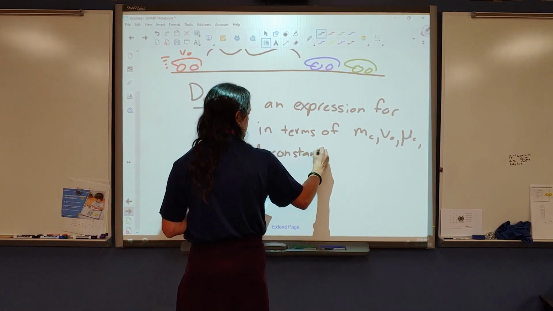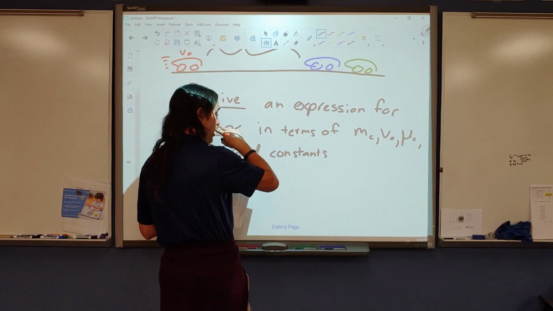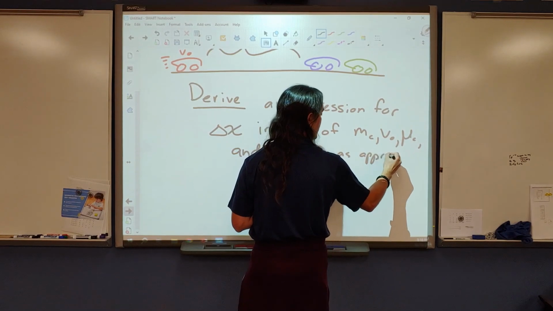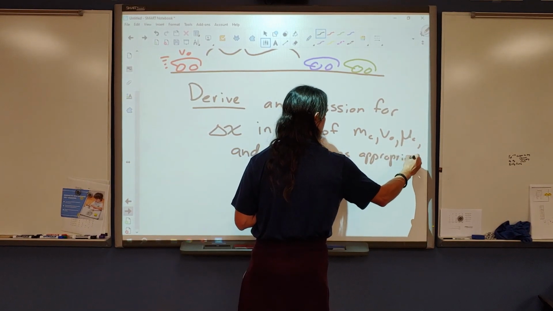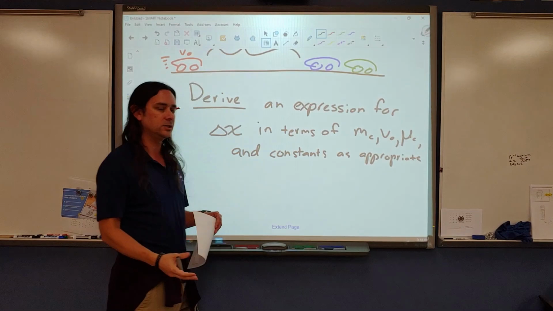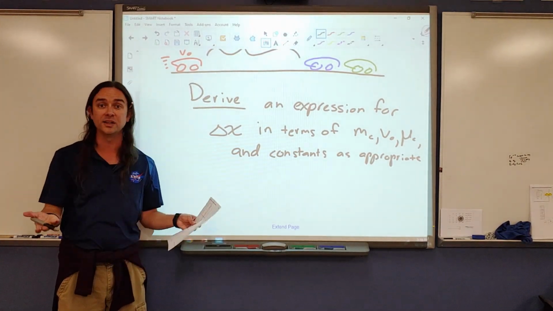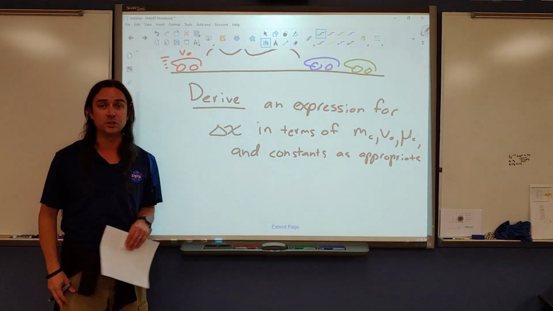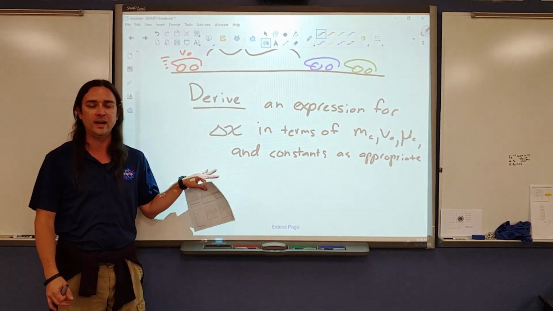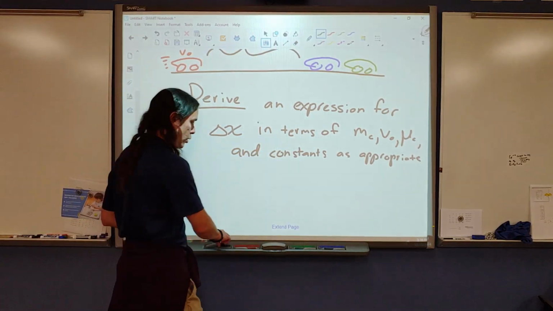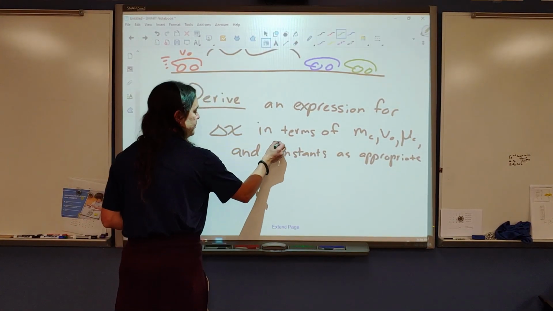Now, a lot of times this will actually say and universal constants or and physical constants as appropriate. On the AP exam, they usually use that notation. And there is a list on the front cover of the exam booklet that actually tells you a list of universal or physical constants. Anything on that list you can answer just in terms of, you don't have to put that number in. For our purposes, I'll go ahead and tell you this right now.